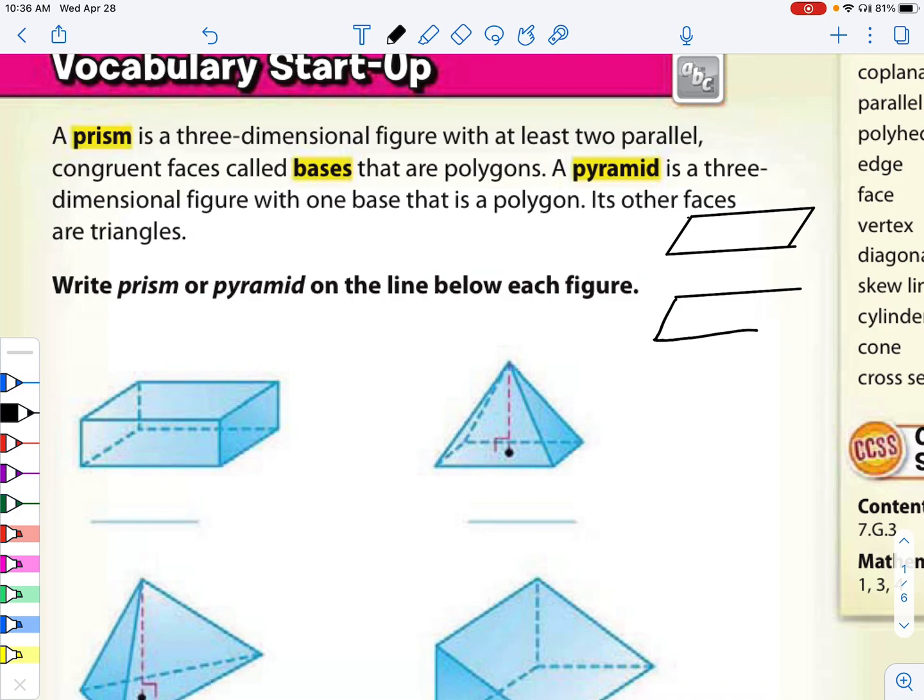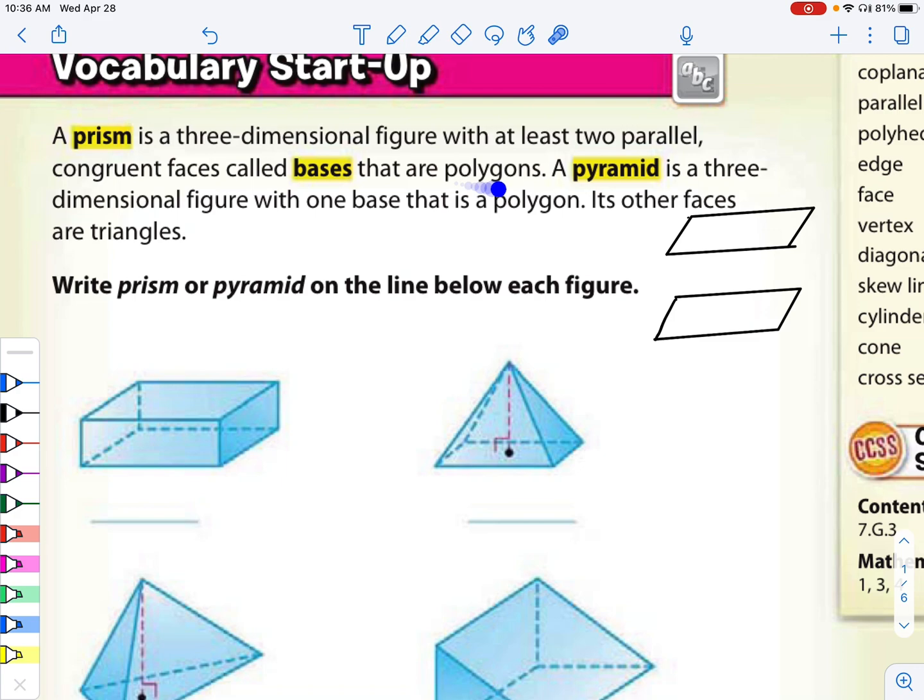These are two parallel faces that never meet. They're congruent, meaning that they have the same measure. So if you have two of these things and they're parallel to each other, which means they never meet, and they are congruent to each other, you might have what we call a prism.